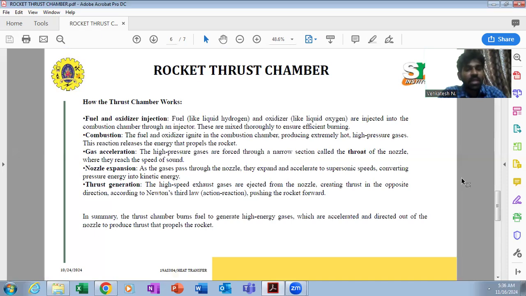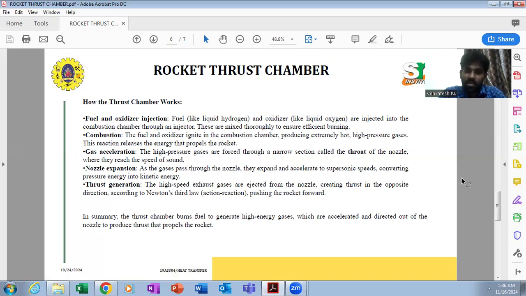Gas acceleration. The high-pressure gases are forced through a narrow section called the throat of the nozzle, where they reach the speed of sound. Nozzle expansion. As the gases pass through the nozzle, they expand and accelerate to supersonic speed, converting pressure energy into kinetic energy. Thrust generation.